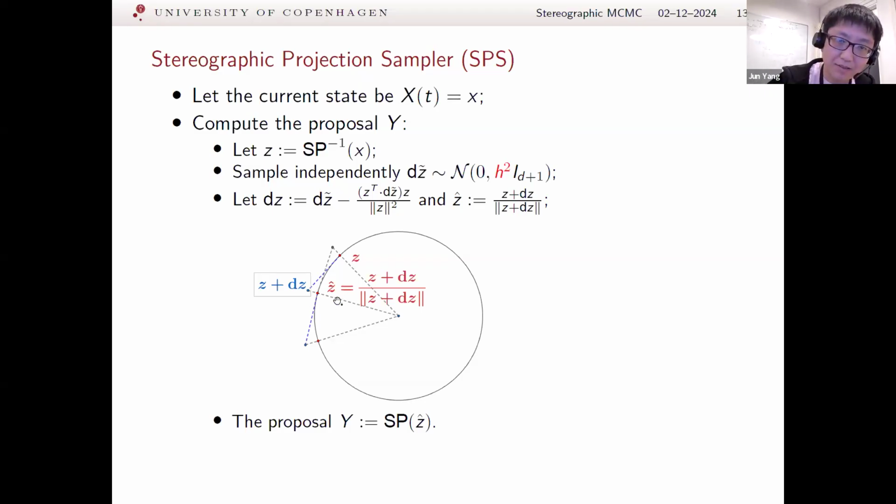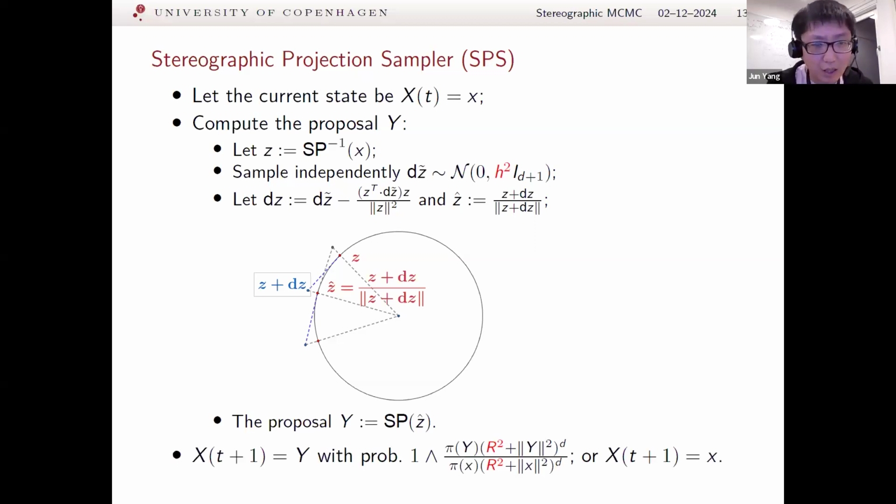So this point Z hat is my proposal on the sphere. Then I use the stereographic projection to map this Z hat back to the Euclidean space, and this is my proposal Y in the Euclidean space. So you can see the only difference is the transformation. It's the simplest random walk proposal.